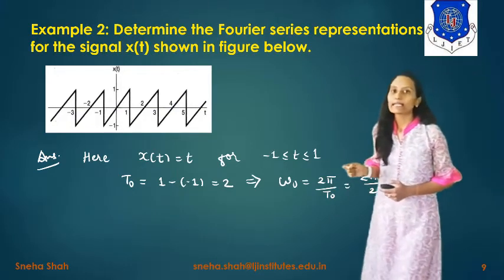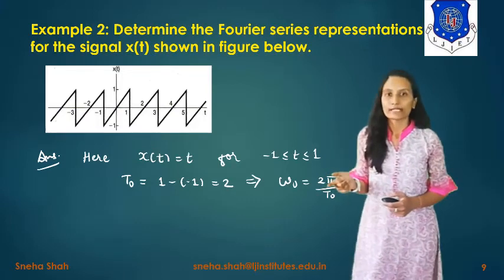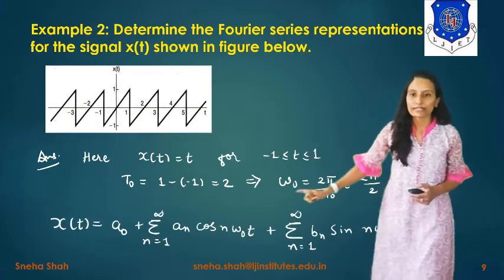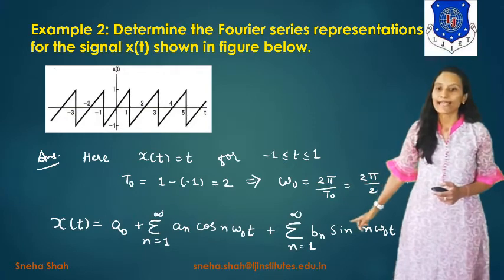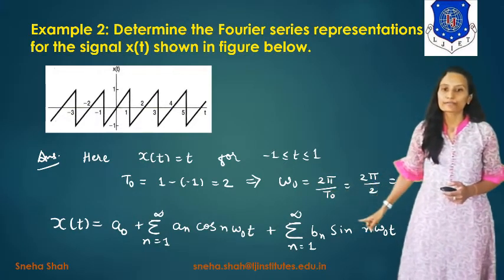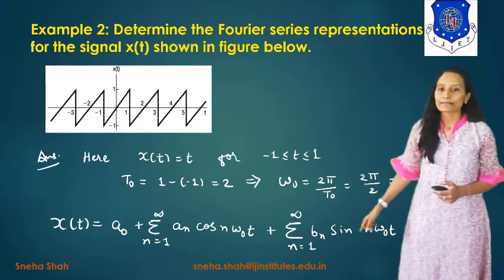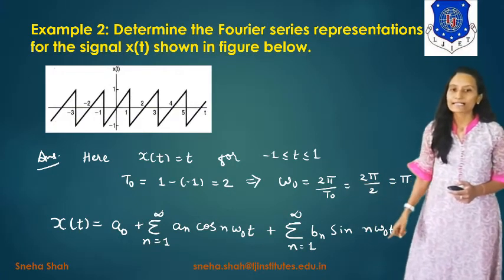Now, if we are taking the equation of the trigonometric Fourier series, then its equation will be x of t equals a0 plus summation n equals 1 to infinity an cos n omega 0 t plus summation n equals 1 to infinity bn sin n omega 0 t.